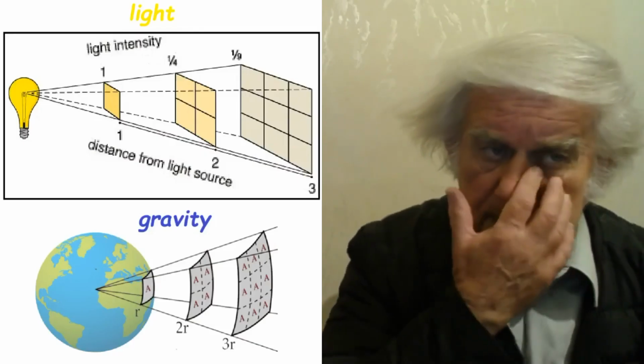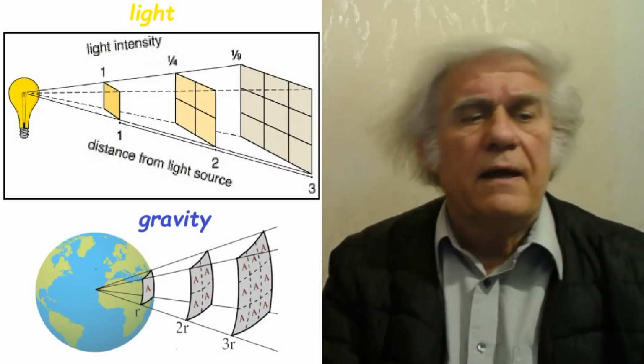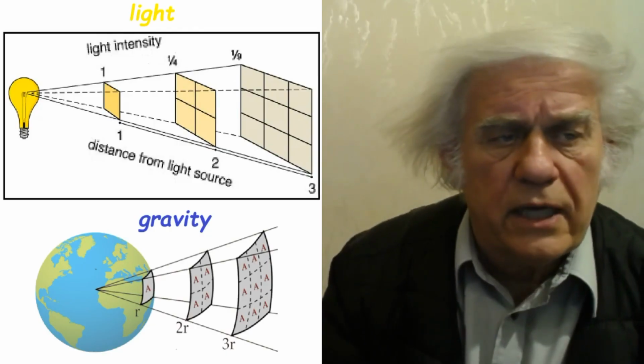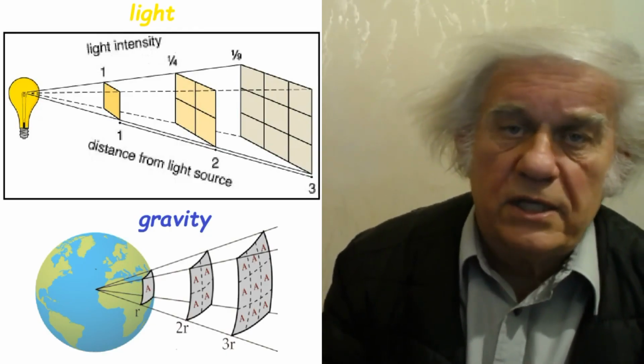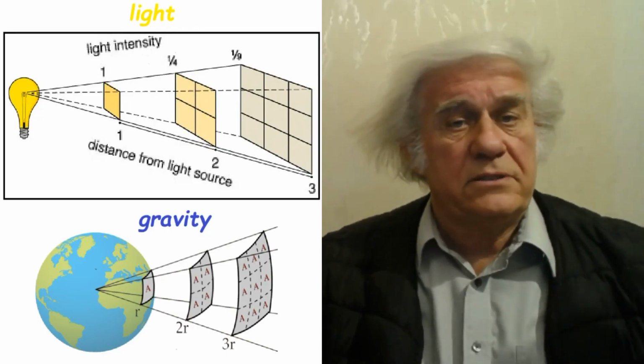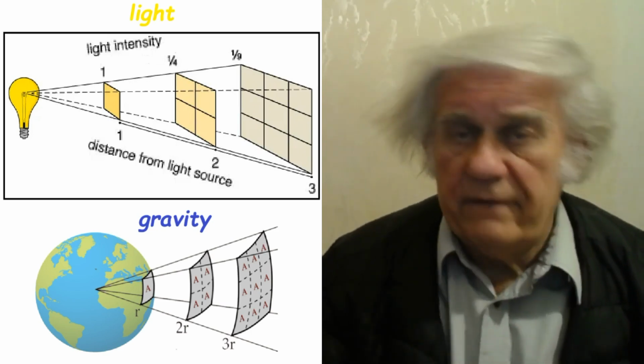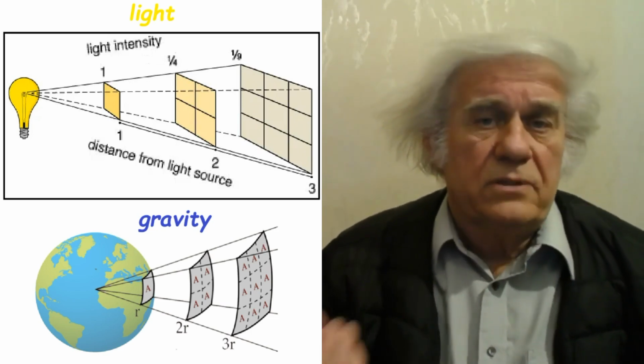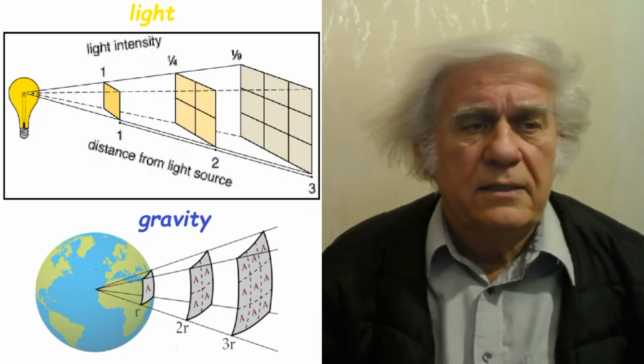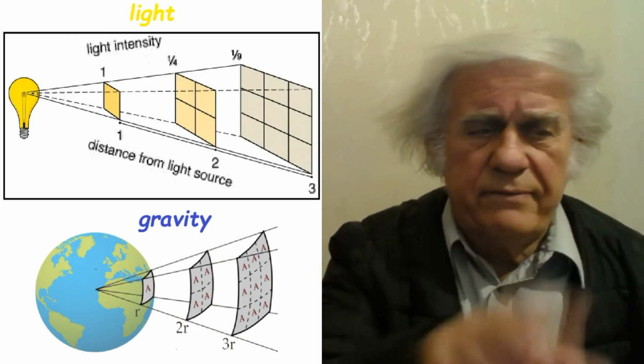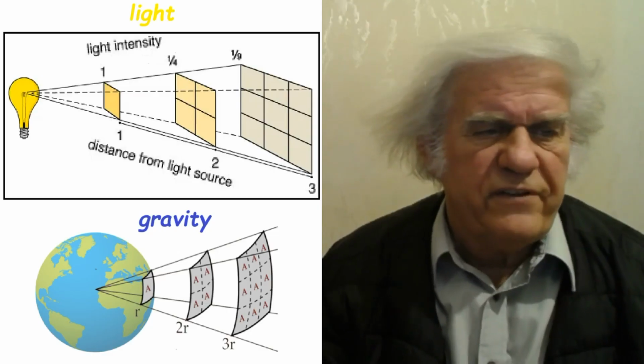And yes, there's also a unification between light and gravity, in that they both have these features. And this is how they represent them. It's the inverse square law, okay? The farther away you go, the dimmer the light becomes. It's less bright, right? And the farther you go, gravity becomes weaker, okay? So light and gravity seem to have very similar features.